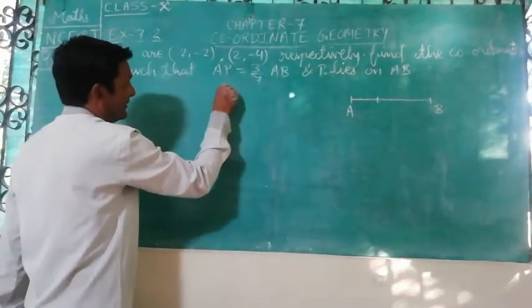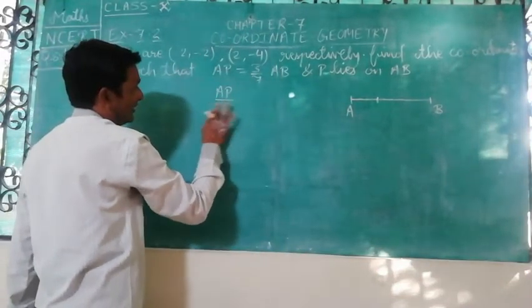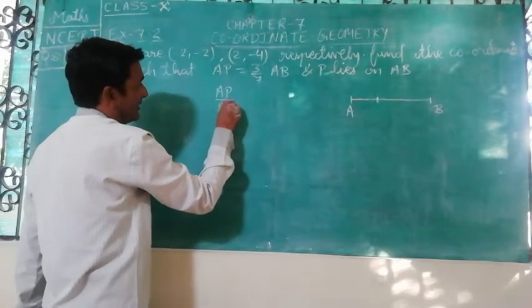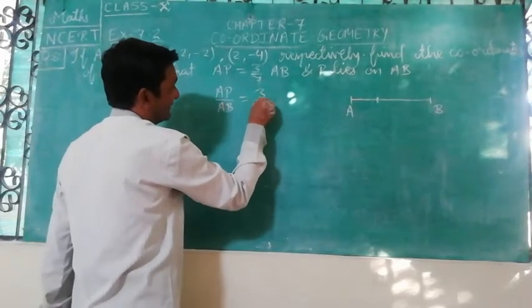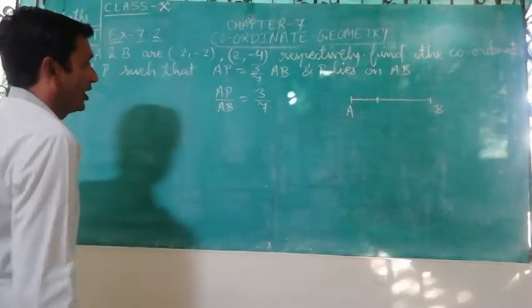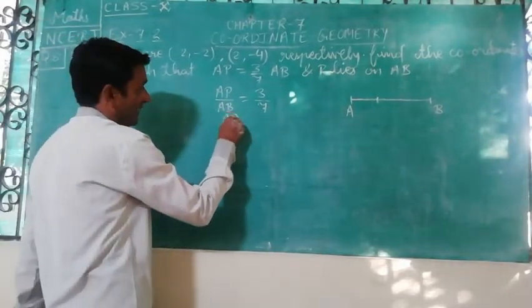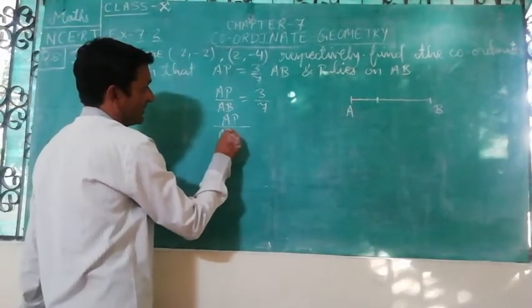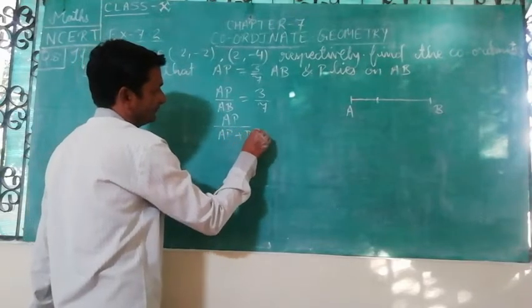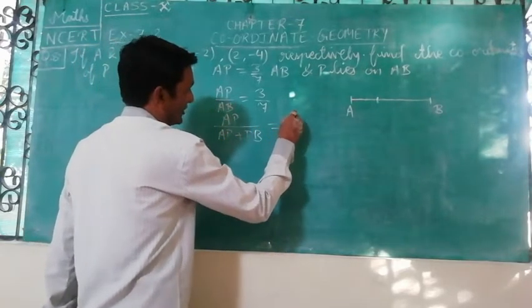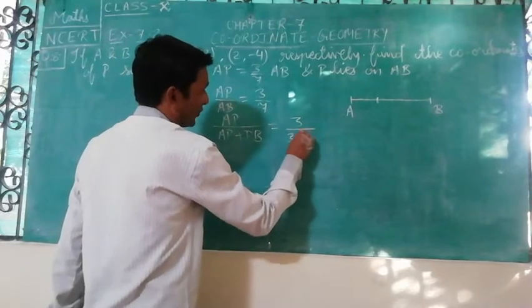AP upon AB is equal to what? AP upon AB is equal to 3 upon 7. Or we may write it like this also: AP upon AP plus PB is equal to 3 upon 3 plus 4.